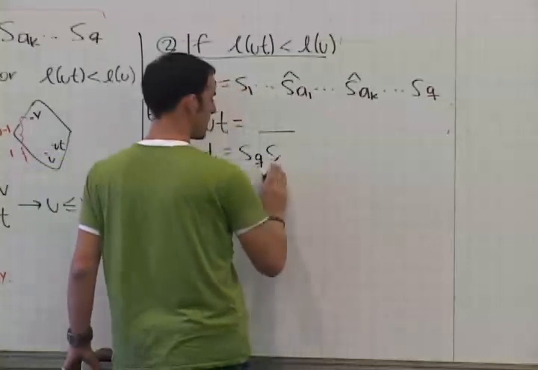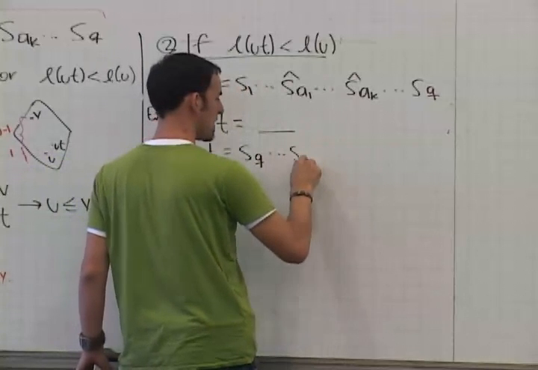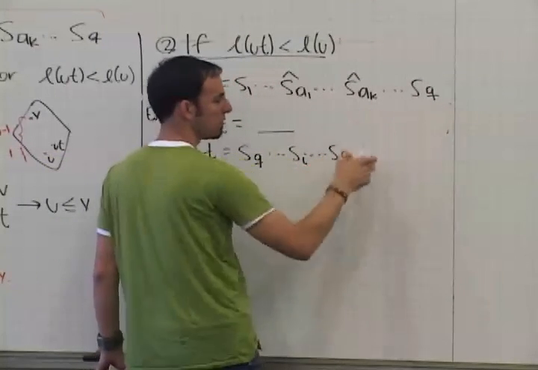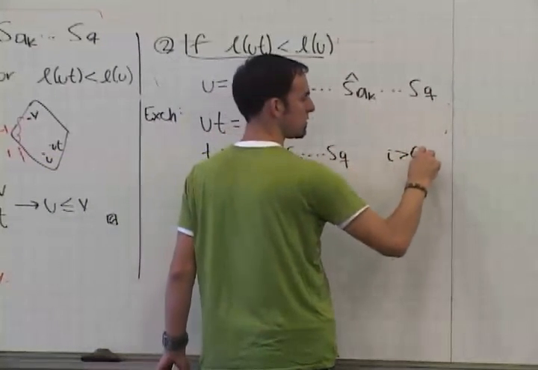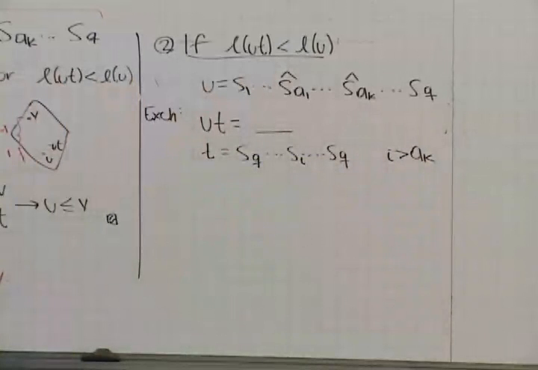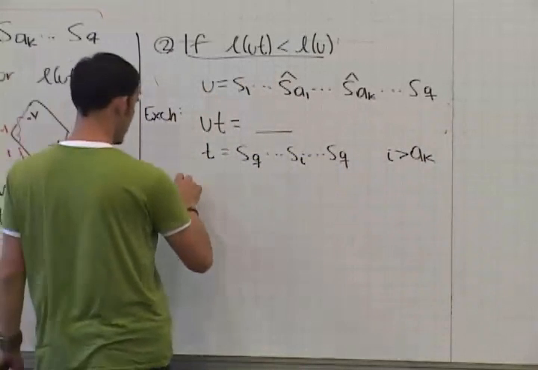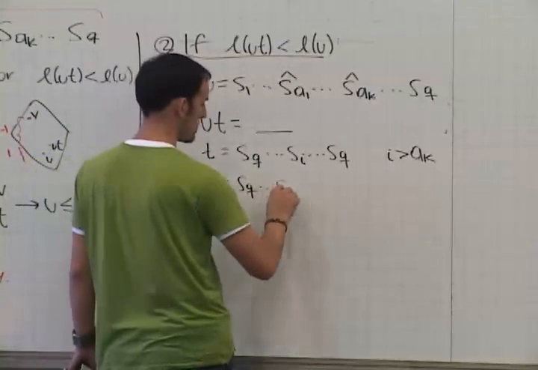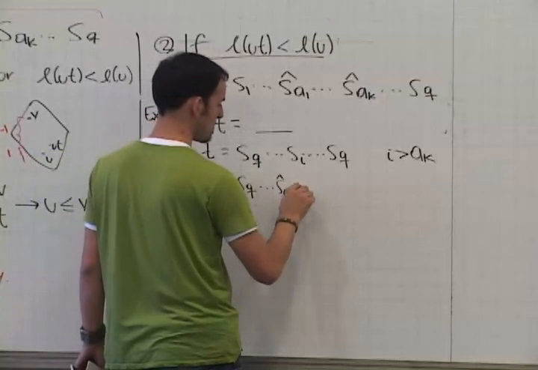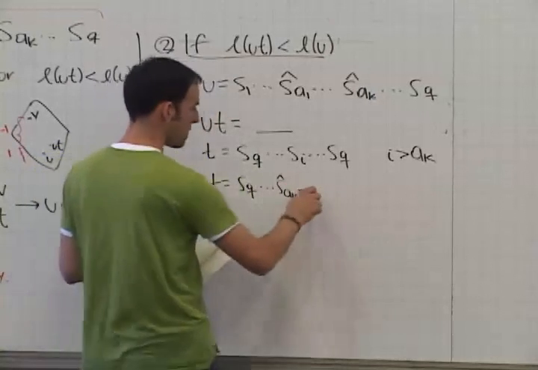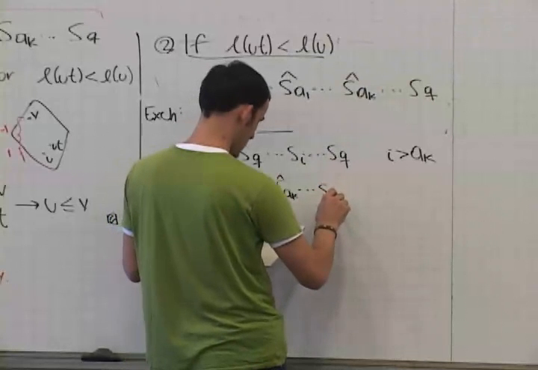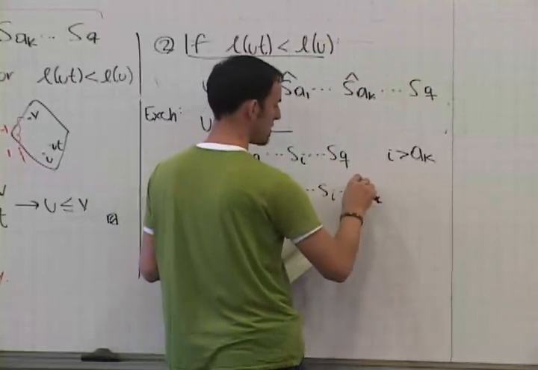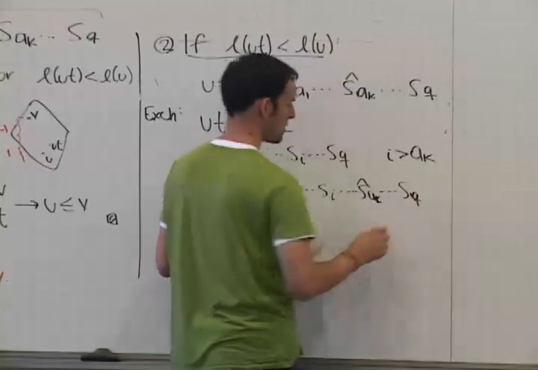The first case is that I went down to SI and up to SQ, and I didn't reach AK. Or the second case is that I did reach it. Then I went down to some SI and then back up, and I did reach AK and SQ.